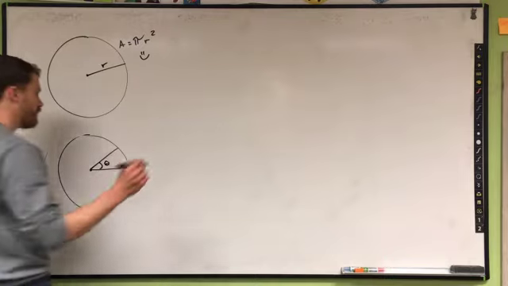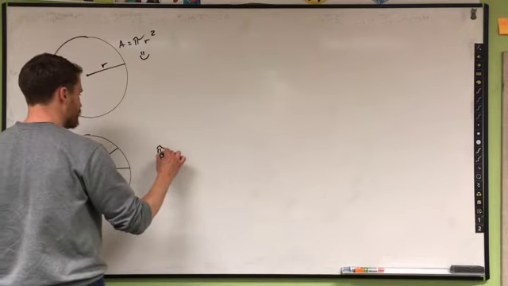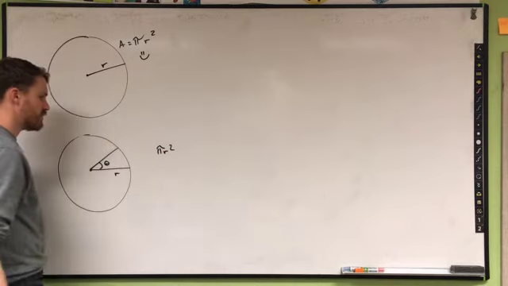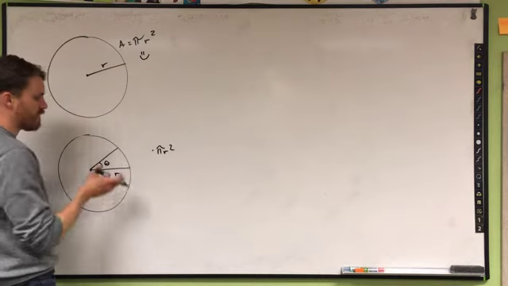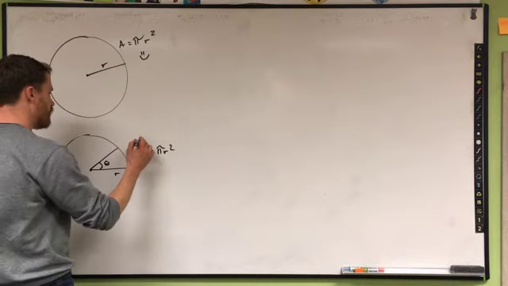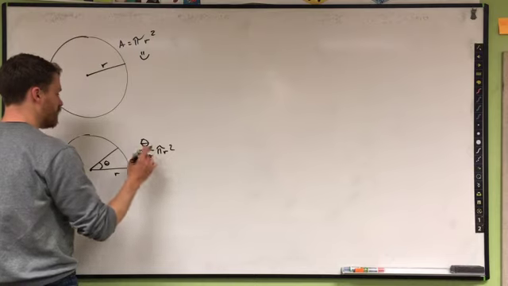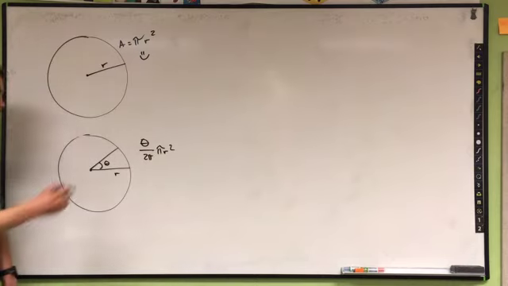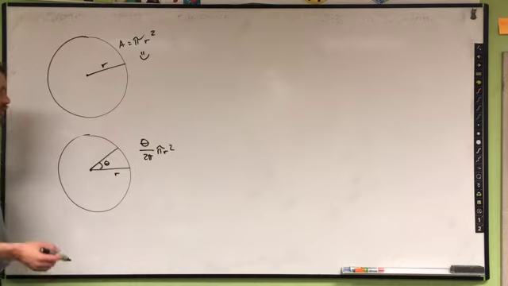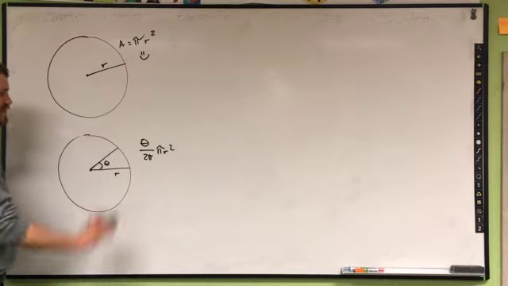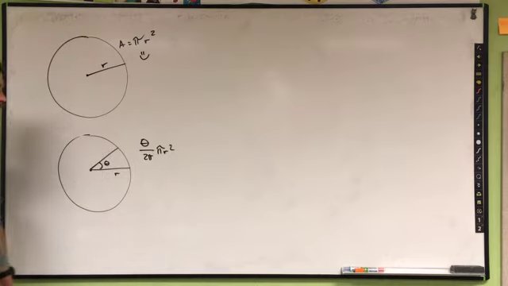And so if we took our total area, which is pi r squared, and we said, you know what, let's multiply just by a fraction that we want. Well, we only want theta divided by 2 pi of the circle, right? 2 pi is the whole thing, but if we just want a little piece here, we'd multiply by theta over 2 pi.